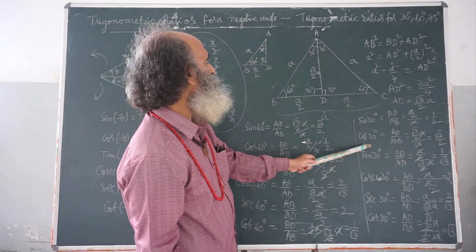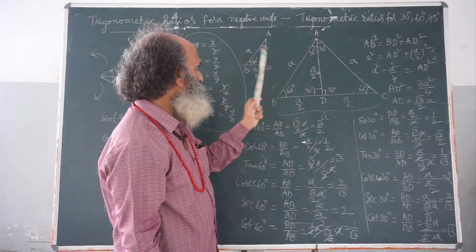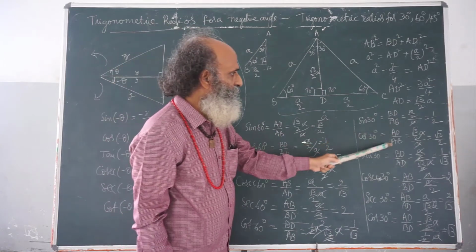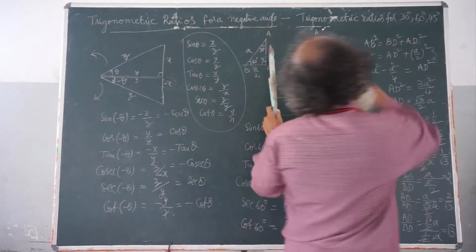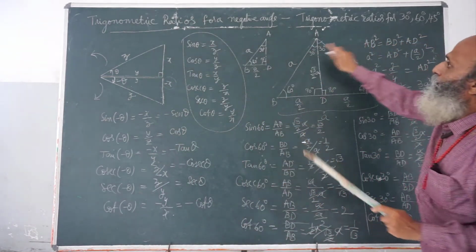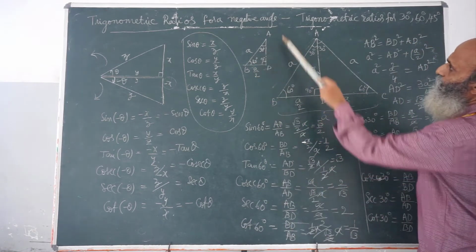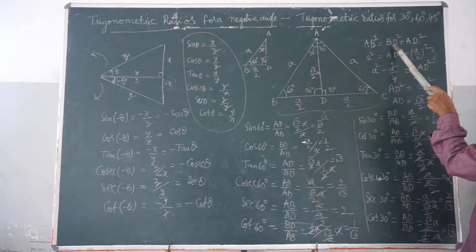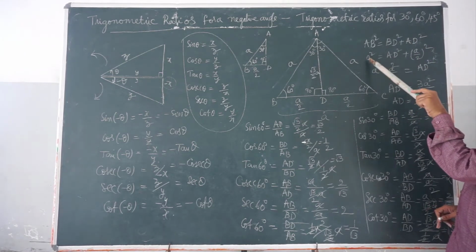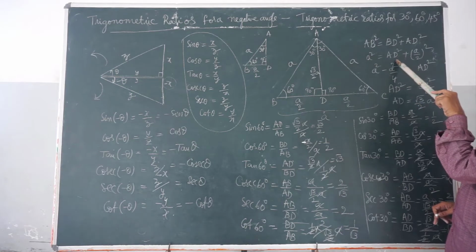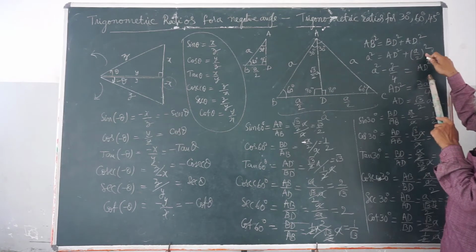Now cos 30. Cos means adjacent side by hypotenuse, so AD by AB. AD how much? This AD we have to find. Because this is the right triangle, AB square is equal to BD square plus AD square. AB is A, so A square is equal to AD square plus A by 2 whole square.